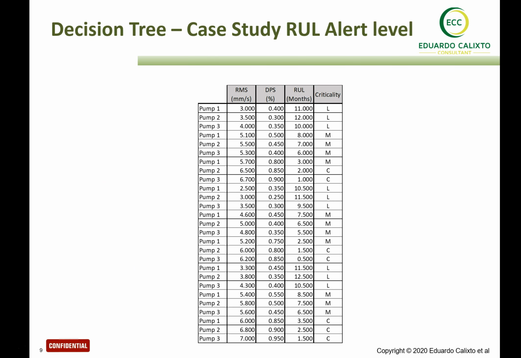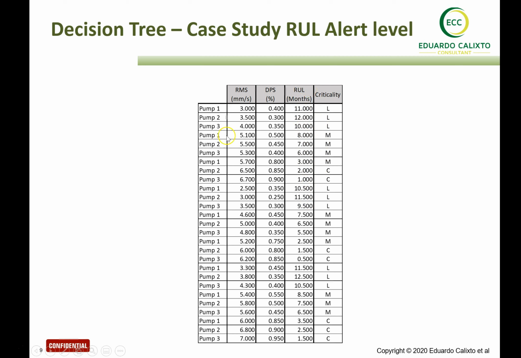So let's consider now a clear example of a decision tree that I need to build to classify equipment as low, moderate, or critical in terms of level of remaining useful life, based on vibration degradation progression signature and remaining useful life.